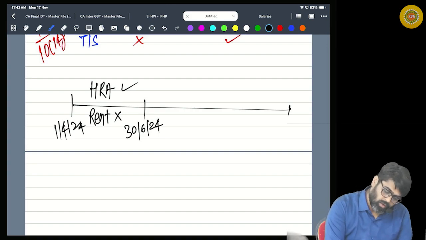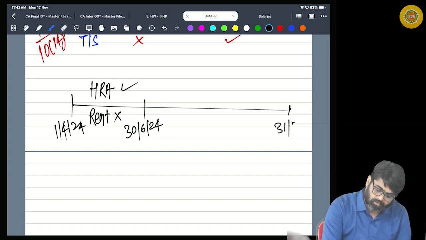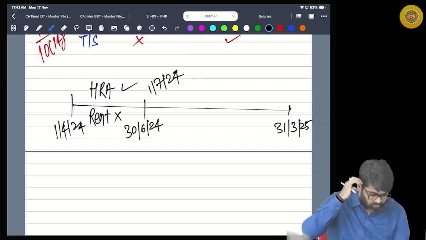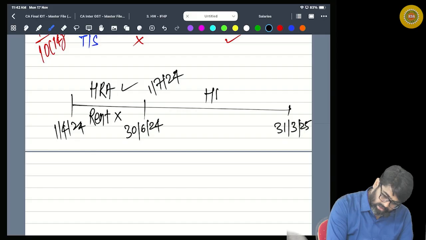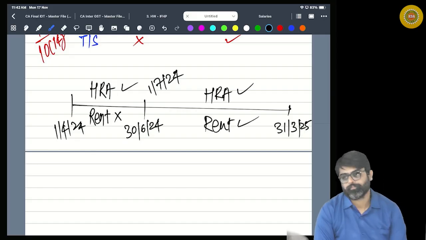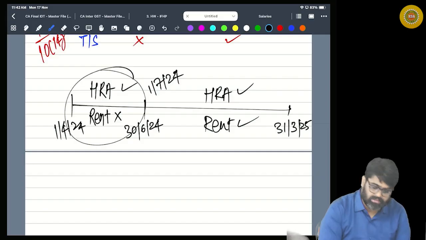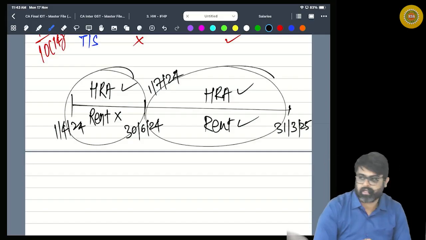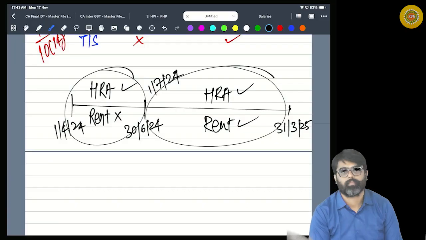Now, from 1st of July to 31st March, HRA is also received and rent is also paid. So these 3 months HRA will be fully taxable and these 9 months HRA I can claim as exempt.